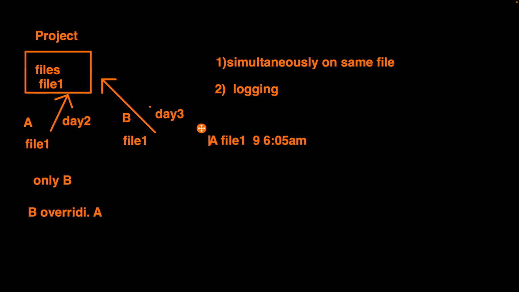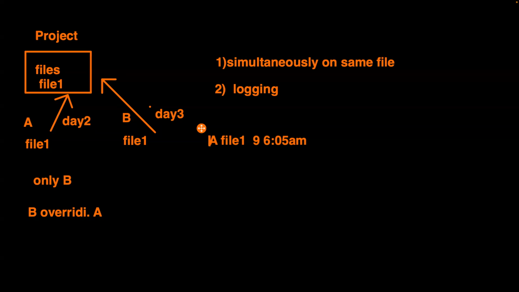If you have this kind of detailed logging, you can revert those changes and bring the application back. Correct? So you need a system which can provide you this kind of detailed history, detailed logging. Again, manually, this is not possible, right?